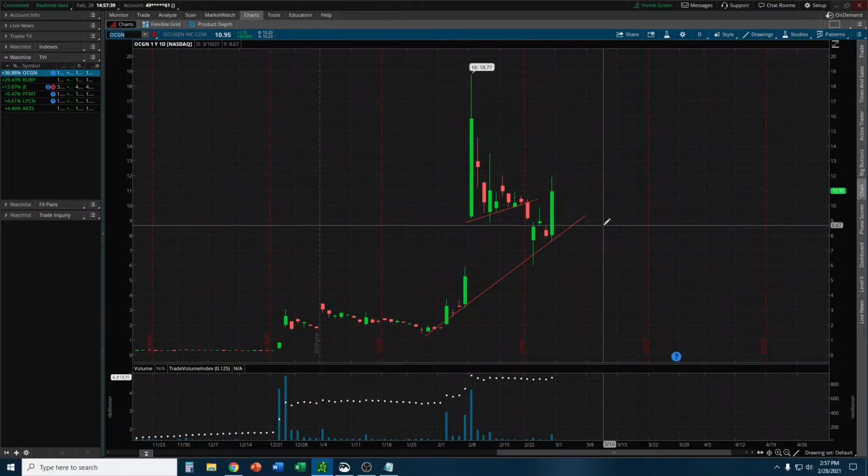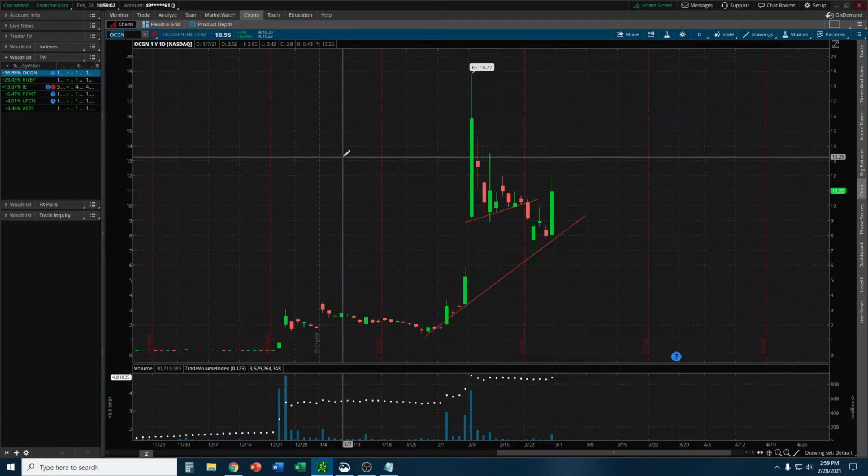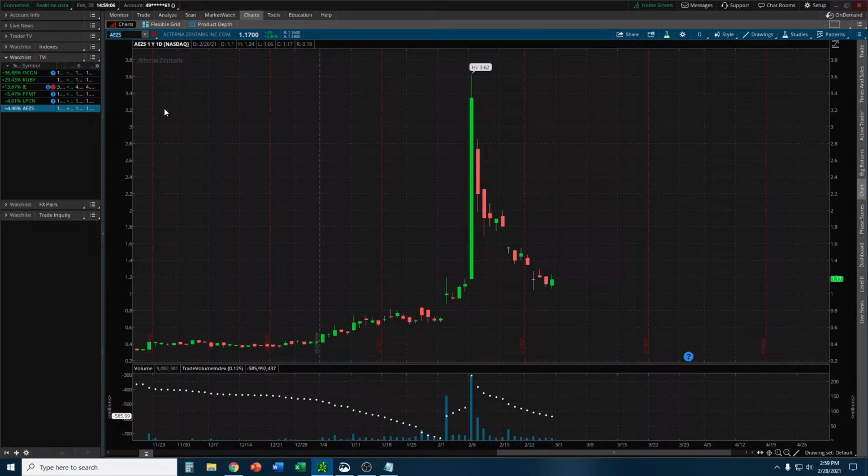As with all stocks, these need to be traded very carefully, but we can take advantage of not only the volatility, but also the momentum of these particular stocks that are ballooning up and seeing a huge change in both price and volume. Another example I'll show you within this scan is AEZS.